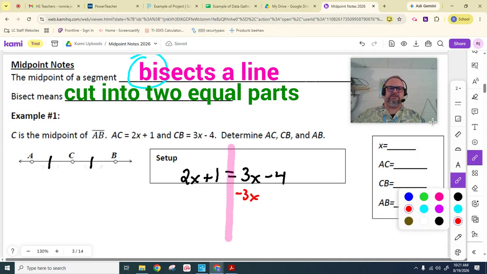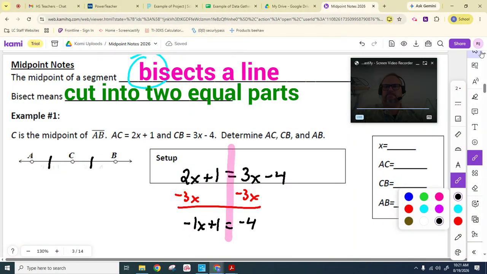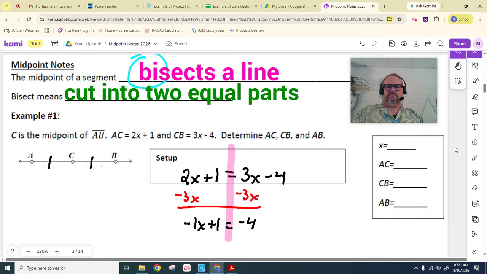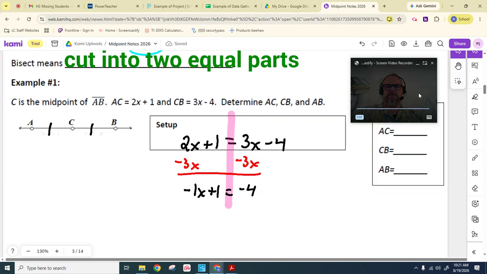Minus 3x. Minus 3x. Now, again, if you have issues with positive and negative numbers, there are calculators. Please use them. Okay, hang on, gotta move myself.